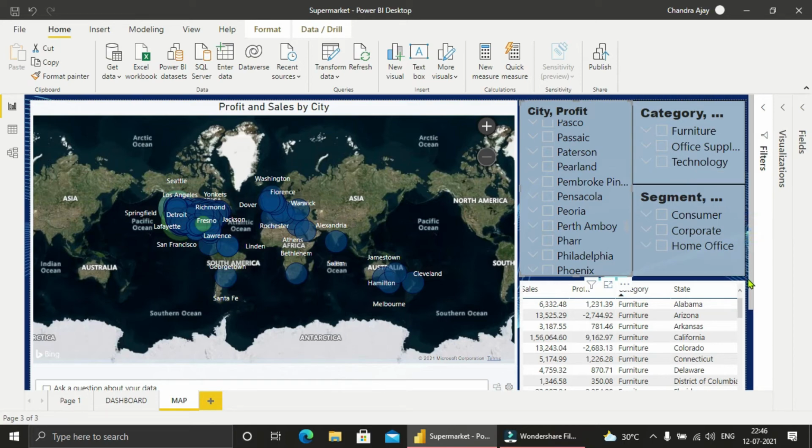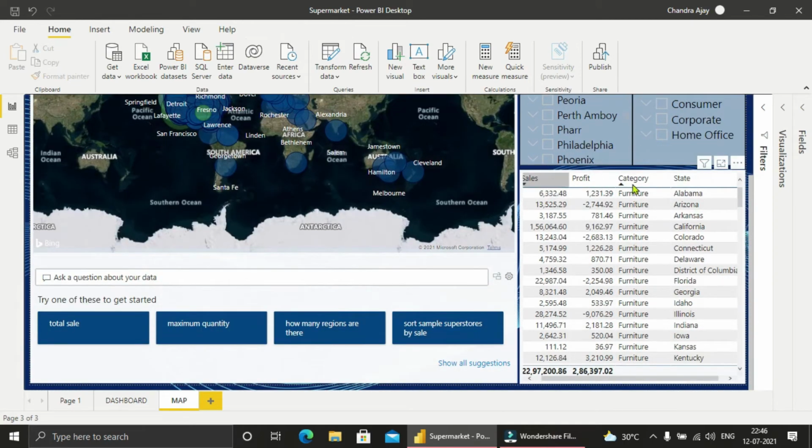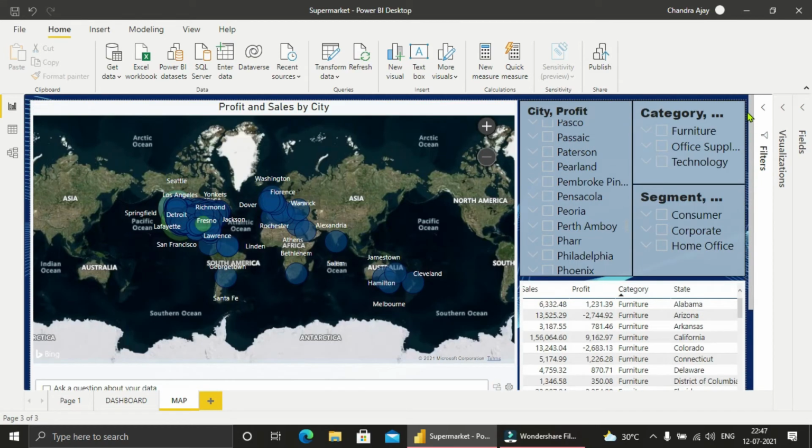And this is the report bar, where you can see for a particular state whether the category has gained profit and sales or not. So now let us visualize Philadelphia, which was the least profitable city. Let's click this and see what happens.